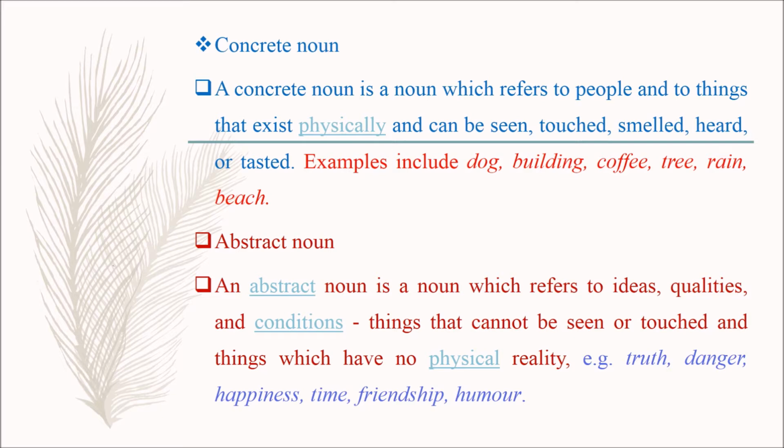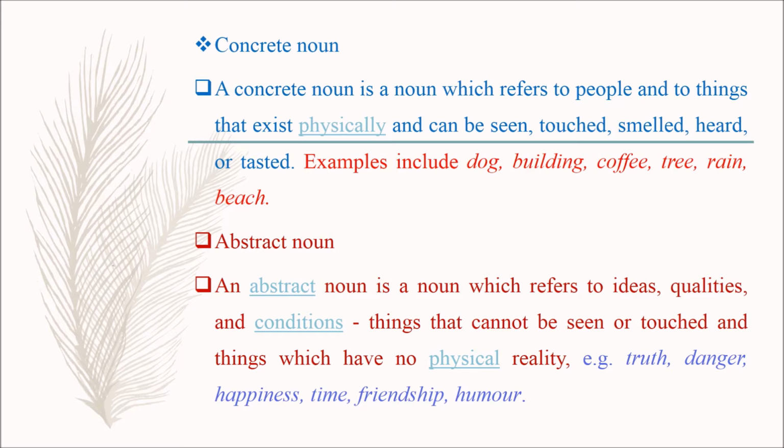A concrete noun is a noun which refers to people or to things that exist physically and can be seen, touched, smelled, heard, or tasted. Examples include dog, building, coffee, tree, rain, beach.